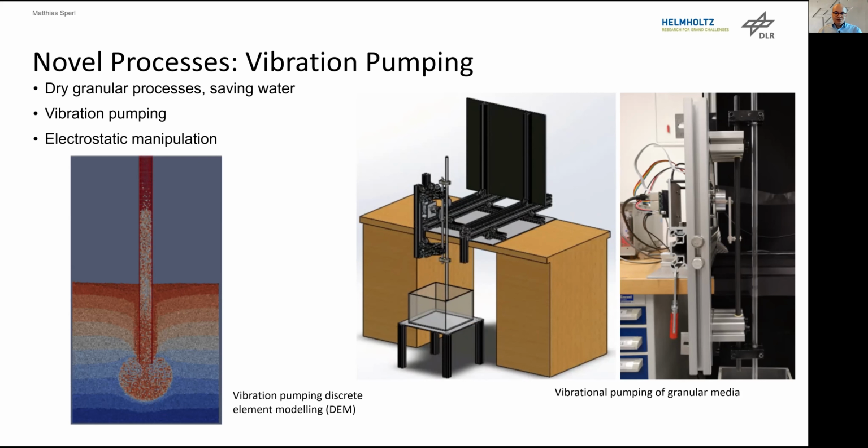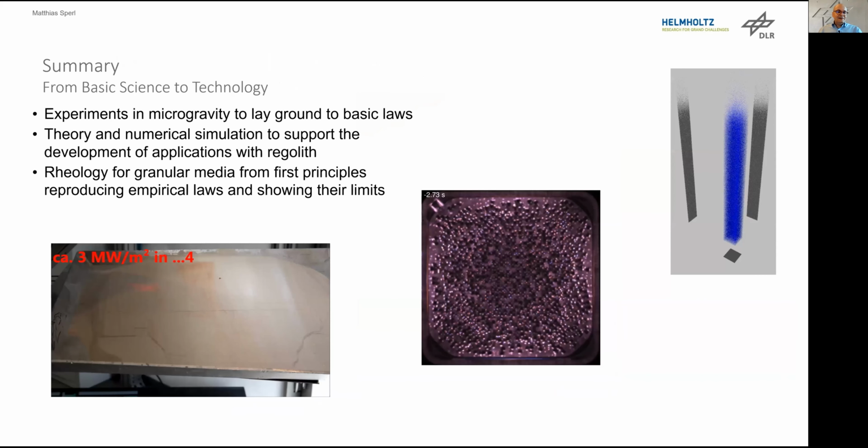And with that, I want to already come to a summary. So experiments in microgravity can lay the ground for some basic laws in the physics of regolith that we may need to do predictions and some control. Theory and numerical simulation are good guides and support to the development of applications. So that is what can come in here. And the rheology for the little bit denser materials, also for the completely solid material that I didn't touch upon in detail here.